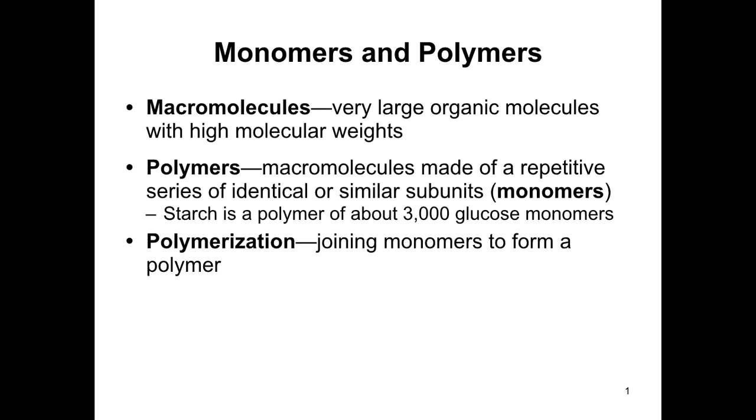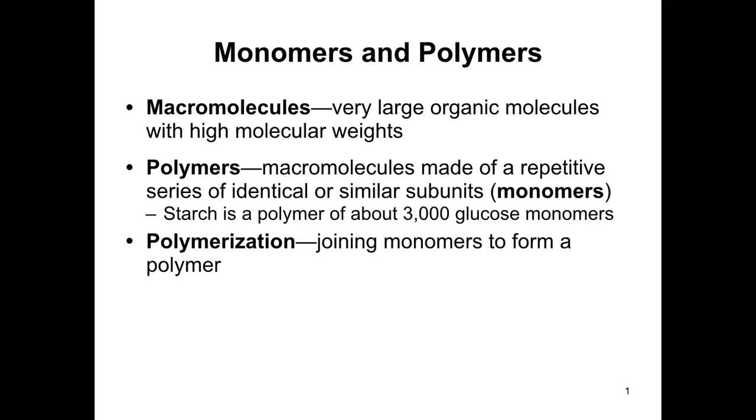And every different biopolymer has different monomers and has different ways that it is put together. But all 4 of the biological macromolecules are biopolymers. 3 of them have more of an interesting polymer structure than the others.